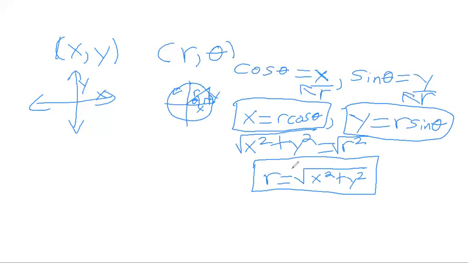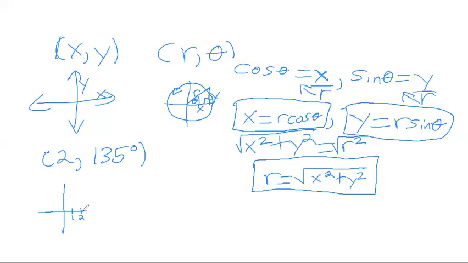So let's look into plotting points in polar coordinates. For example, if I have the point 2 comma 135 degrees, my r, my radius, is 2, and my theta is 135 degrees. If I draw it out, imagine this is the center of a circle. It's a distance of 1, let's say, this is 2. So this is my radius.